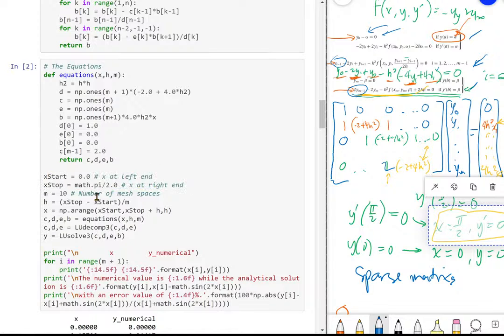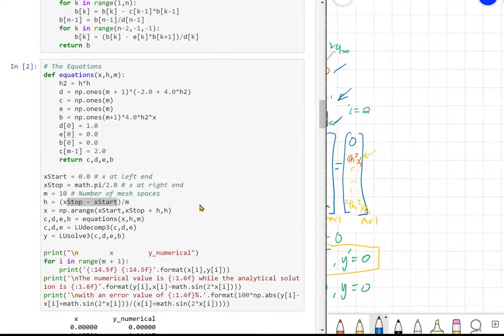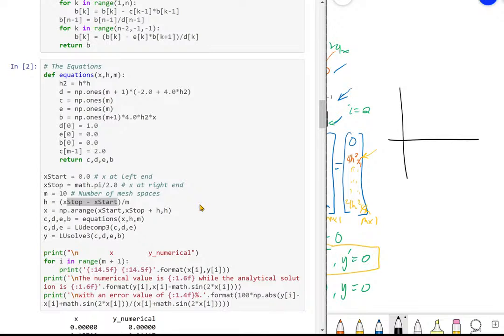Then you have the mesh spaces, 10, and then you have the h, which is the distance between the two. If we try to draw the graph, here from 0 to pi over 2, assuming that's the curve, that's the range, and then the panel will be divided by 10, no?